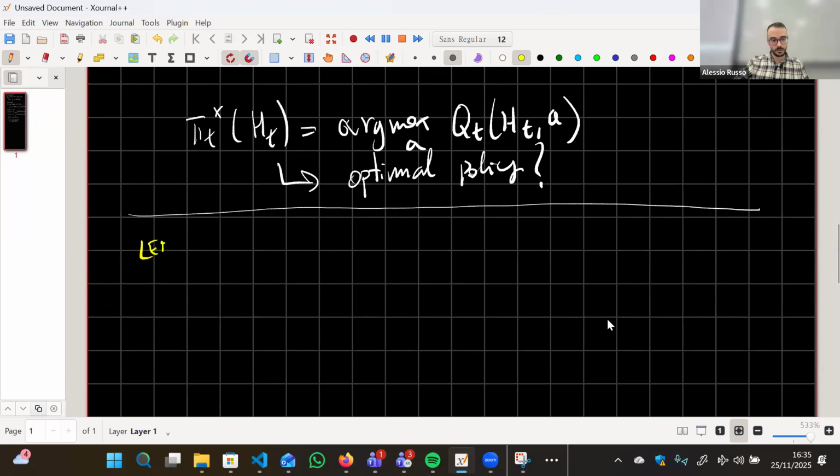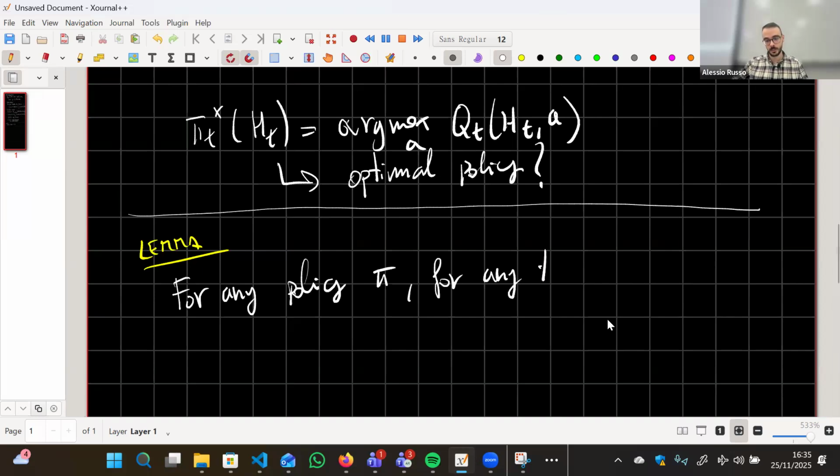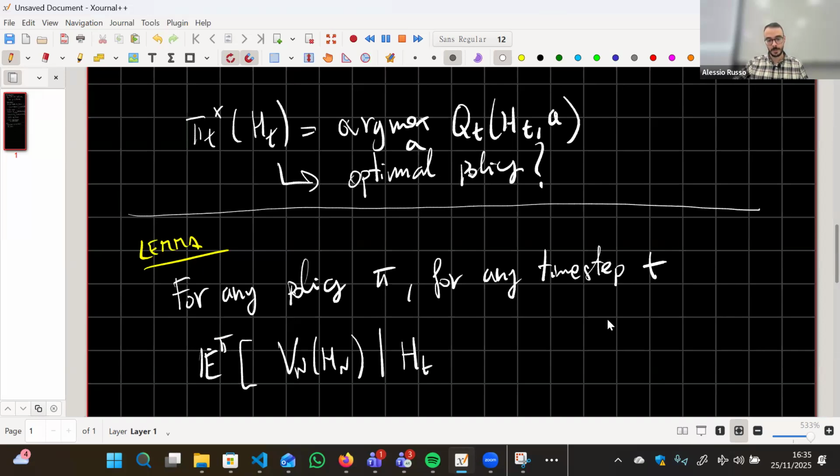So, lemma: we have that for any policy pi, for any time step t, the expected value given this sampling policy of Vn of capital Hn, given that you are given some data at time t, is smaller than Vt computed at Ht.